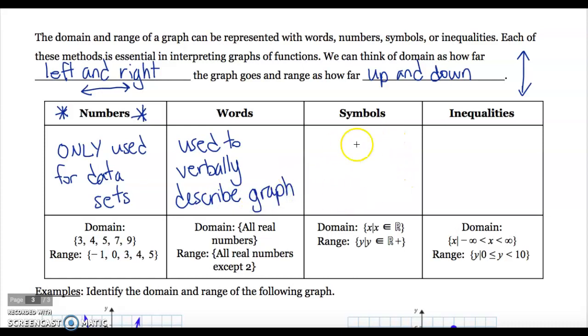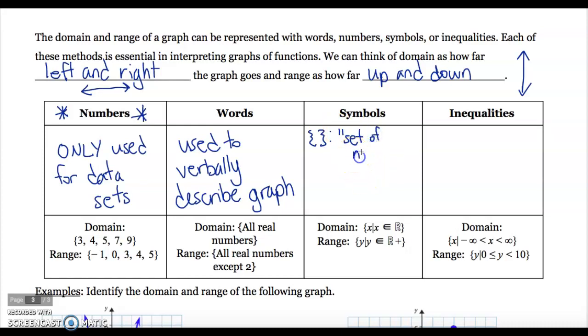And then symbols you're going to use at your own discretion. I like to use symbols a lot because they shorten things, and mathematicians are notoriously lazy. So I'm just going to talk about some of these symbols that you might see down here. First of all, I mentioned in a previous video that these fancy brackets, as I like to call them, just mean a set of numbers.